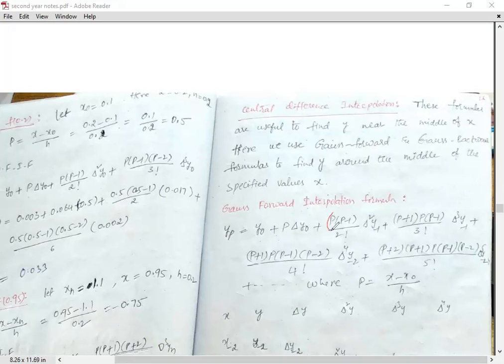This p minus 1 will be repeated in the next term, and in addition to it there is one more term, that is p plus 1. For p minus 1 we are taking p plus 1, so the term is p plus 1 p p minus 1 by, in sequence, 3 factorial delta cube y minus 1 plus.